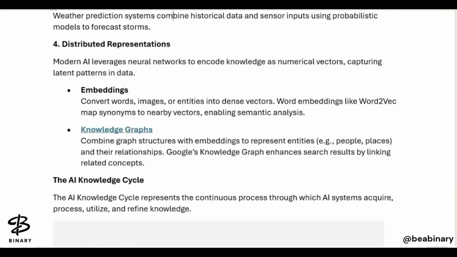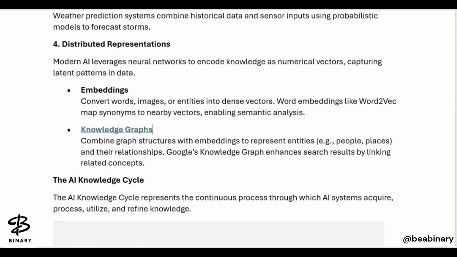It's using a distributed way of representing knowledge. So embeddings convert words, images, or entities into dense vectors. Here you can see that we are talking about converting words, images, or entities, the different formats of data. Word embeddings like word2vec map synonyms to nearby vectors, enabling semantic analysis.